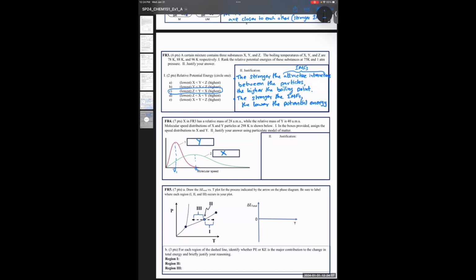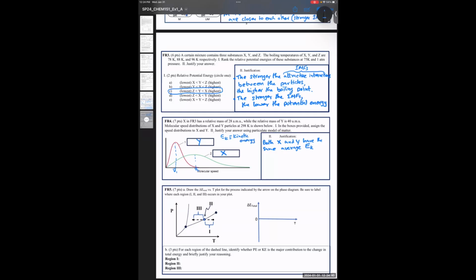Both X and Y have the same average E sub k. So E sub k is kinetic energy.